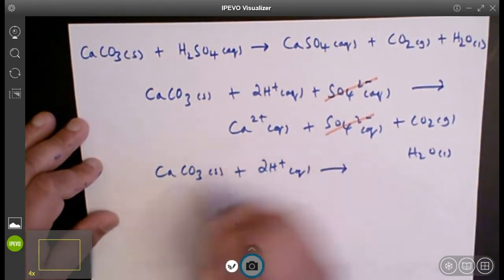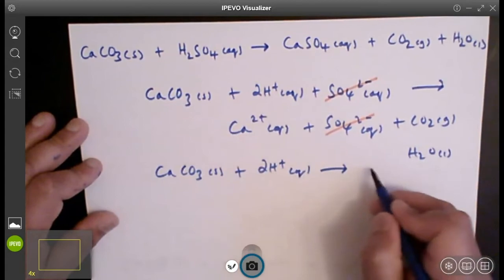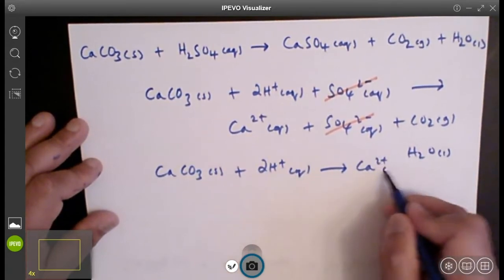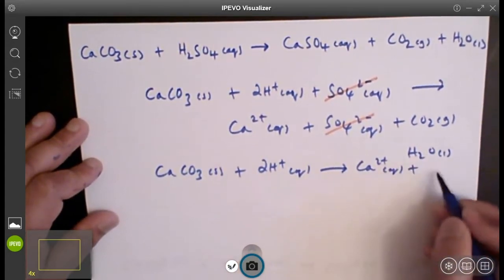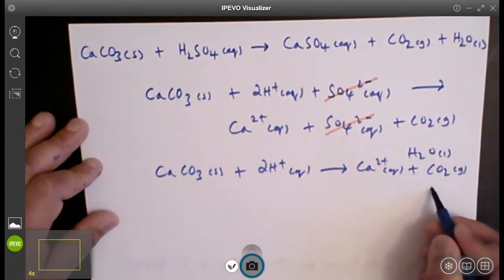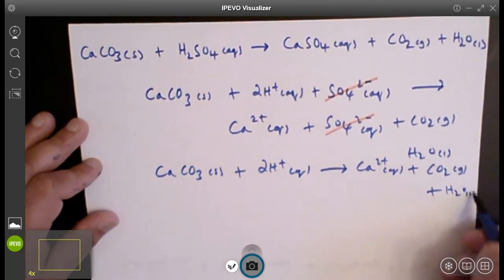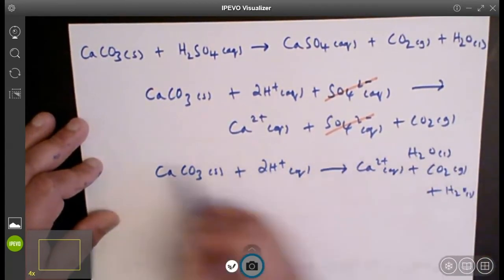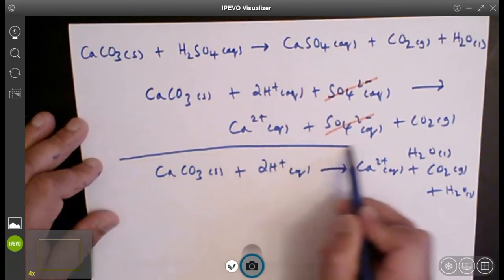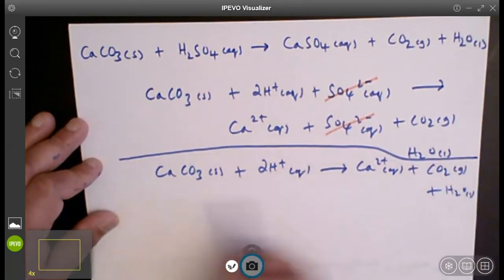It's always good to put in your state symbols. Okay, then you've got Ca2+ aqueous plus CO2 gas plus your H2O, which is liquid. So what I'm going to do is draw a line so that you can see that the equation is at the bottom.